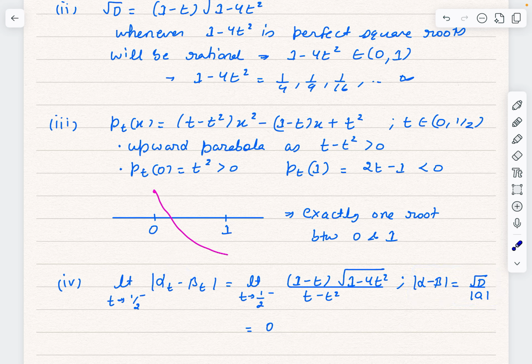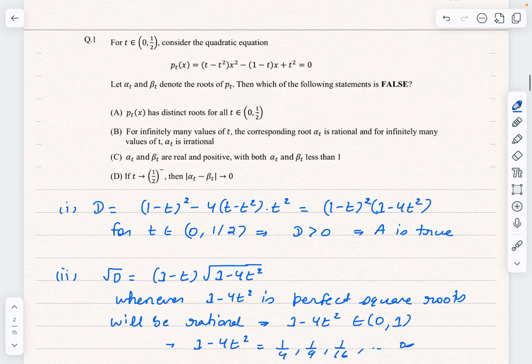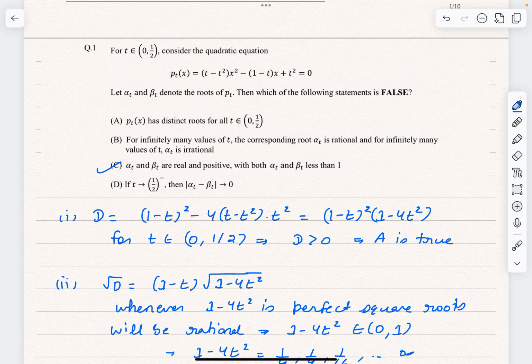In this case, we get √D as (1 − t)√(1 − 4t²), and the leading coefficient is t − t². When you put t equal to 1/2, you will see this becomes 0. The other factors are non-zero, so they won't matter. The final answer will be 0. So option D will also be true. So finally, the answer will be option C, because they're asking which of them is false. So C is false here.